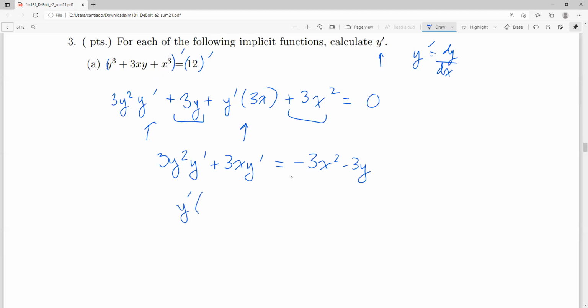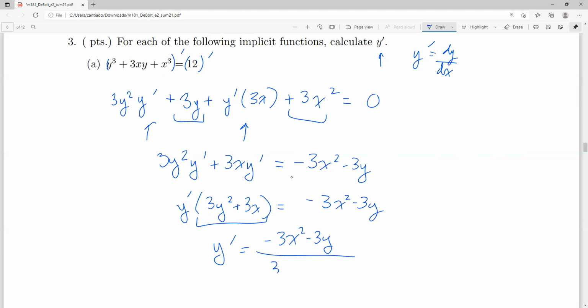So we'll get y prime times 3y squared plus 3x is equal to minus 3x squared minus 3y. And now we can divide this whole thing so that we have y prime on the left and minus 3x squared minus 3y, that whole quantity, divided by 3x plus 3y squared. And that is your answer.